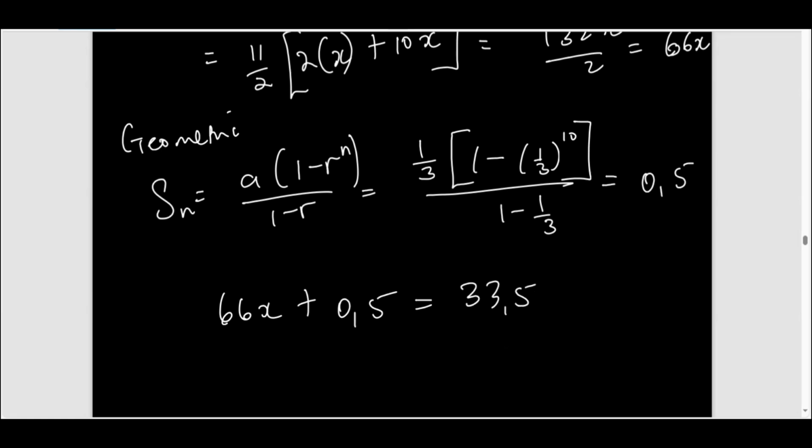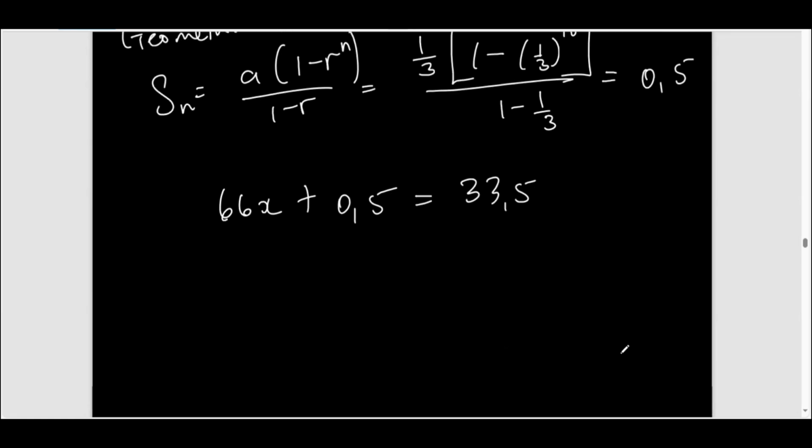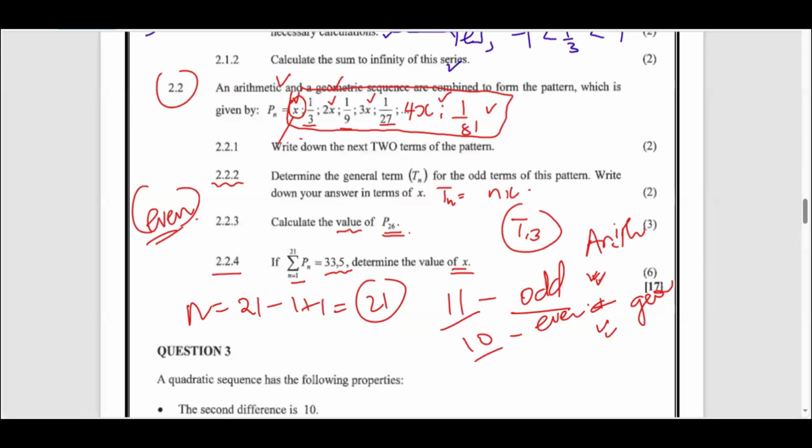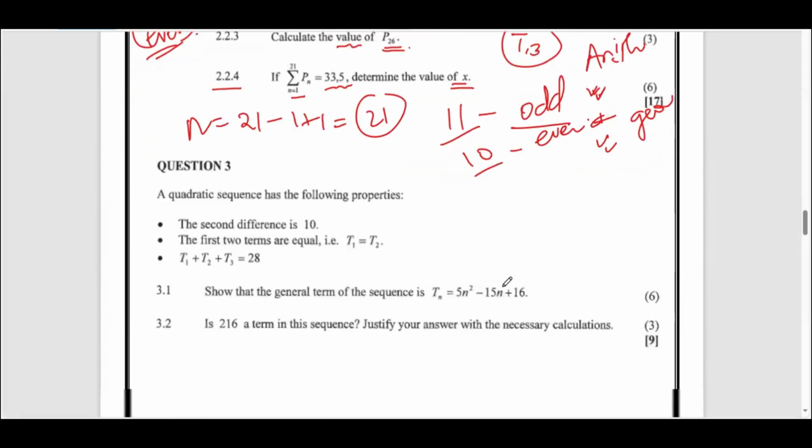Then move this 0.5 that side to be a subtraction. So 66x is equal to 33. Then divide both sides by 66. That cancels that. So 33 over 66 gives me a half. So our x is a half, or 0.5. Okay, so that is question number 2.